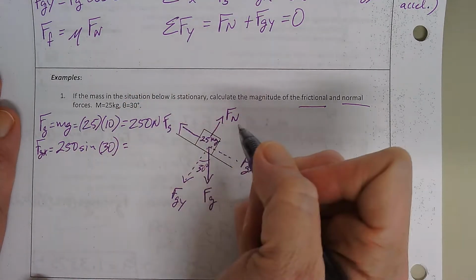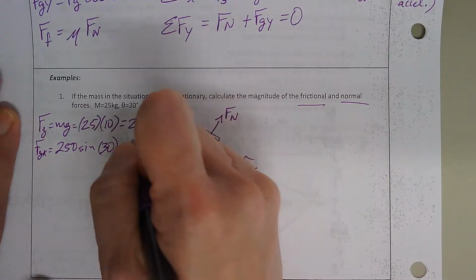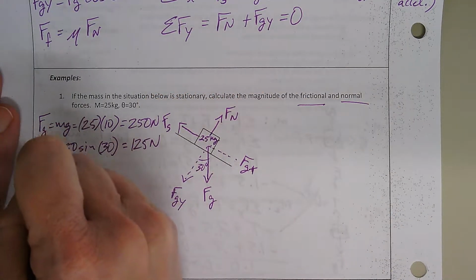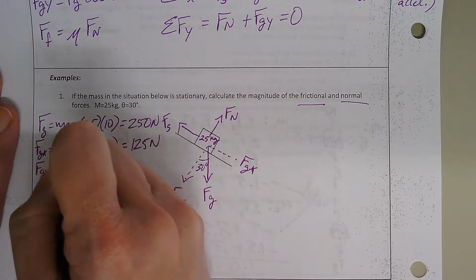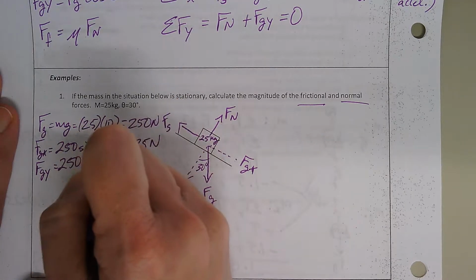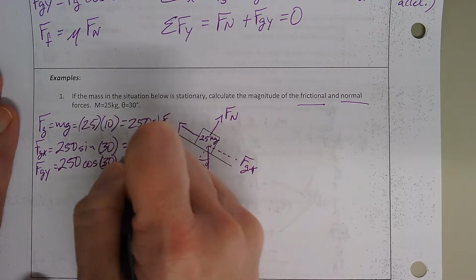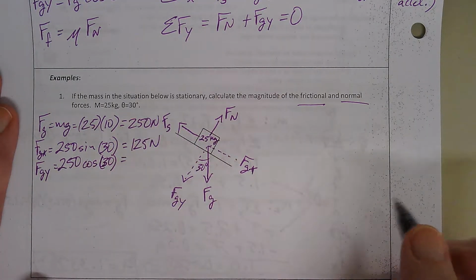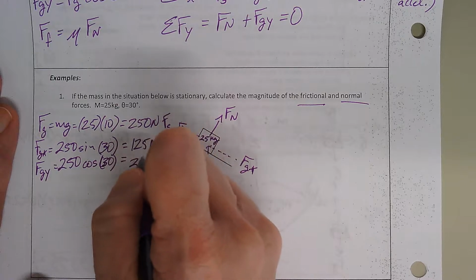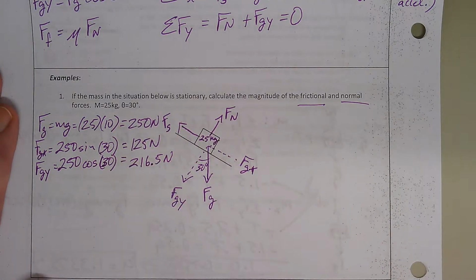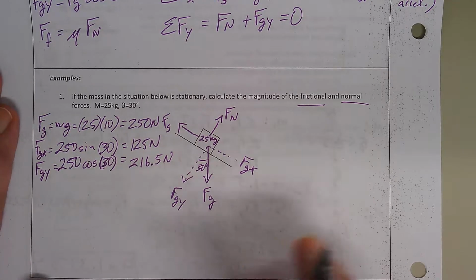That equals 125 newtons. And then I want my Fgy, which is Fg, 250 cosine theta. So you plug that in your calculator and you get 216.5 newtons.